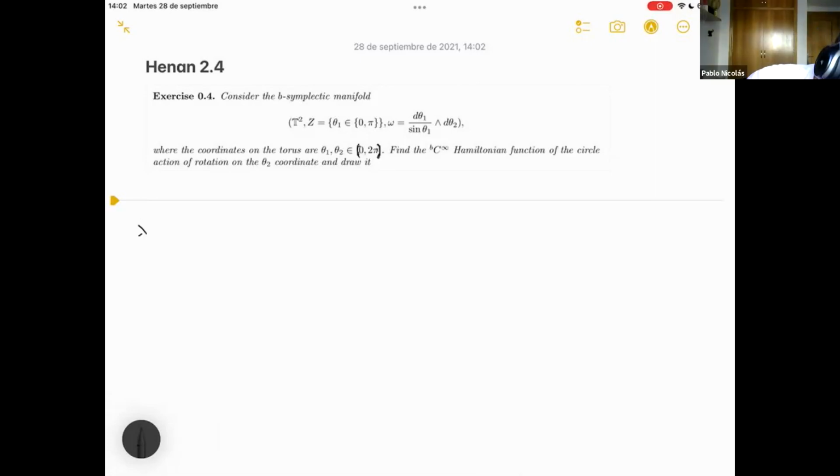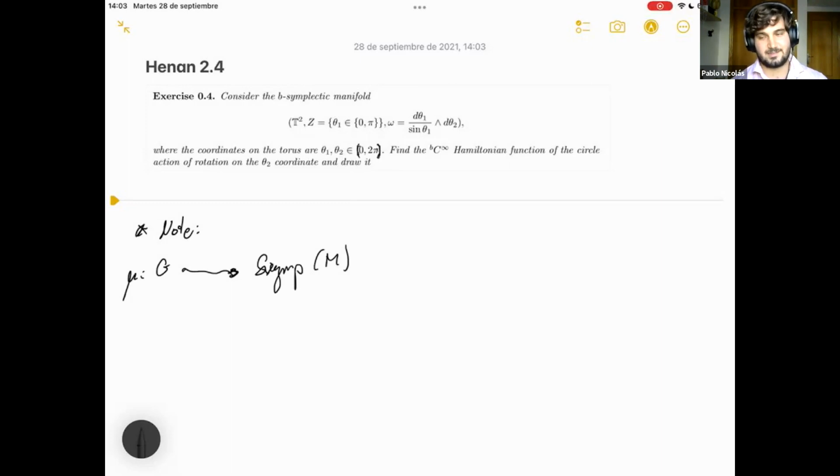Okay. So for me, how do I understand the moment map? For me, when we arrive to Hamiltonian group actions, you take a group action mu from a Lie group G onto the group of symplectomorphisms of a manifold, and as Eva explained, you ask the action to act infinitesimally through Hamiltonian vector fields, but in a controlled way.